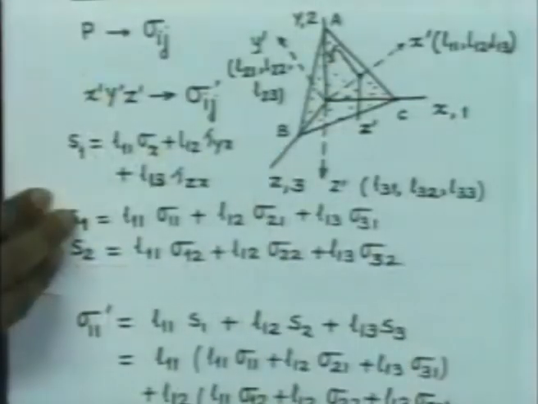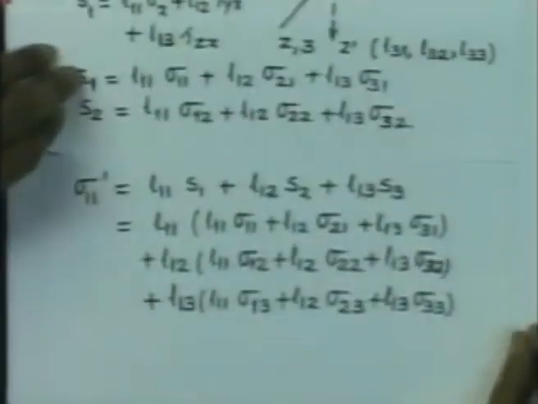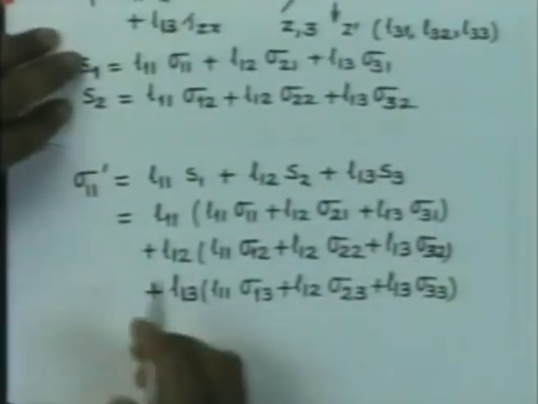Similarly, after having got this stress in this direction by taking the components of the three tractions, we got sigma 11 dash. If we take the components of those tractions in the direction y dash, that will give us the stress sigma 12 dash.